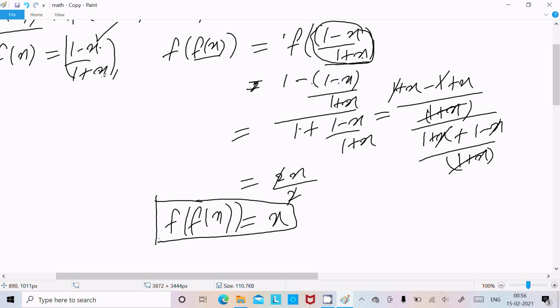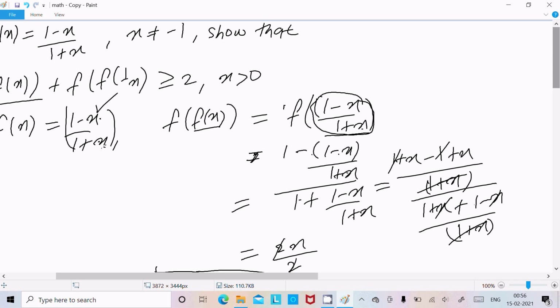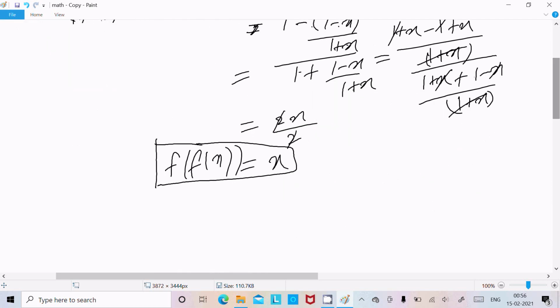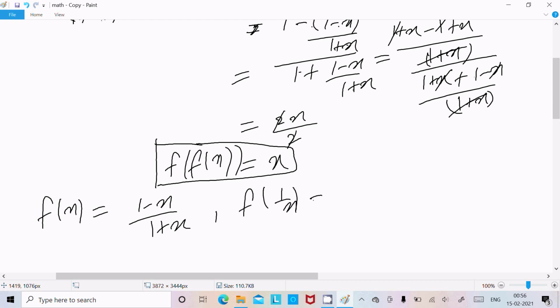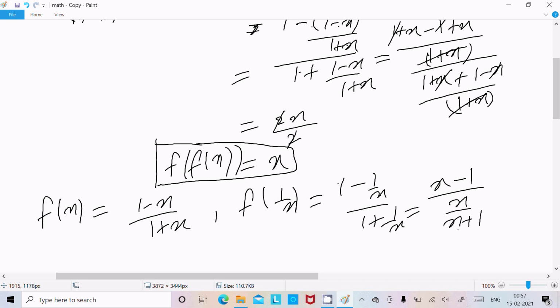So that is calculated. Now next we need to calculate this. Here the f of x value is (1 minus x) by (1 plus x). Now I'm going to calculate the value of f of 1 by x. In place of x we need to write 1 by x. So x goes up, and then (x minus 1) by (x plus 1), divided by x.